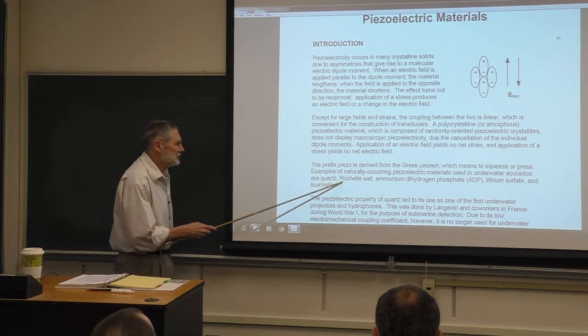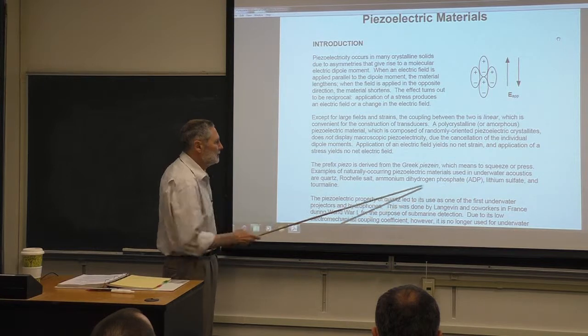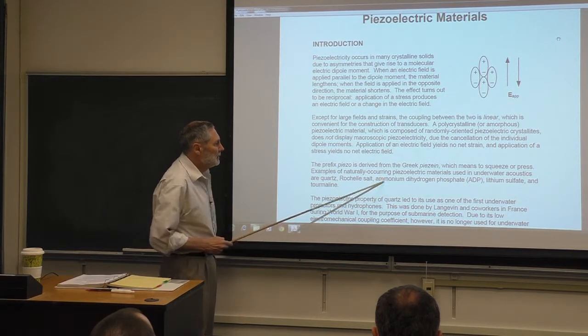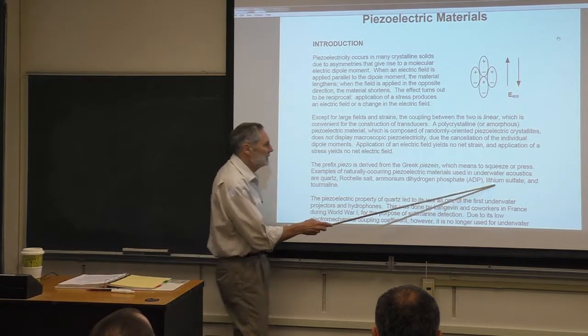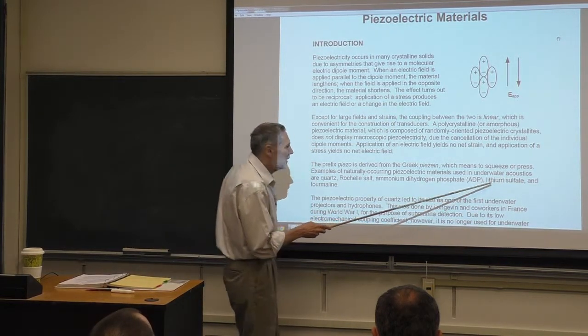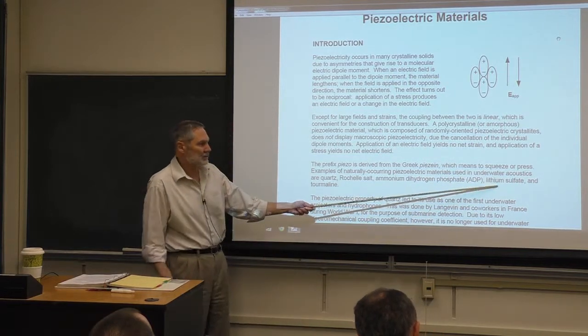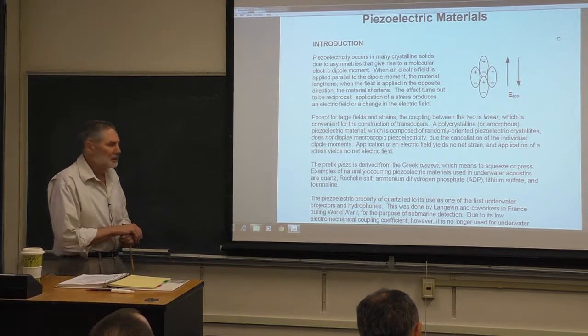Maybe you've heard of this. There's something called Rochelle salt, ADP, which stands for ammonium dihydrogen phosphate, lithium sulfate. I think this might still be used for some hydrophones. We'll do an example calculation of this later on in the course. And something called tourmaline.